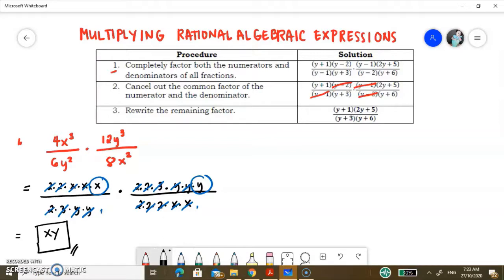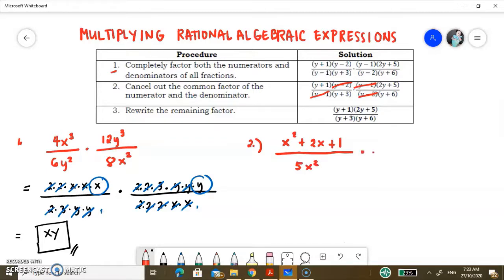Okay, let's have another example. Say you're given x squared plus 2x plus 1, that's a perfect square trinomial, divided by 5x squared.